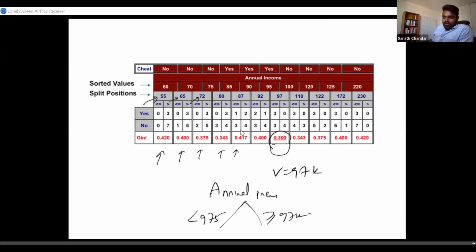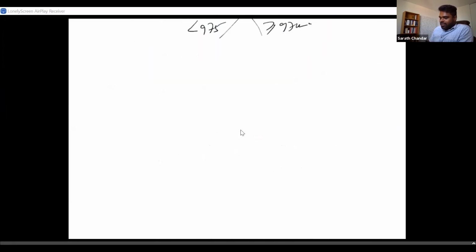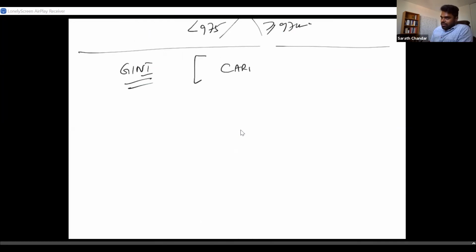Okay, so now we looked at one splitting criterion, which is Gini. There are actually many other criteria available. Before I move on, this Gini criterion is used in decision tree algorithms like CART, SLIQ or SPRINT.